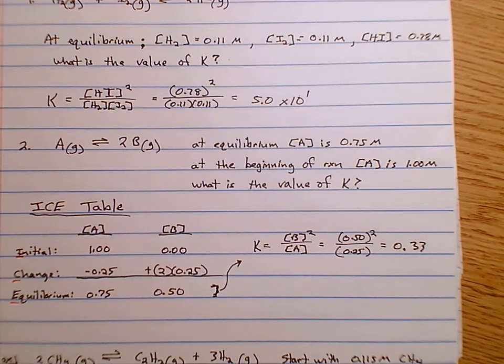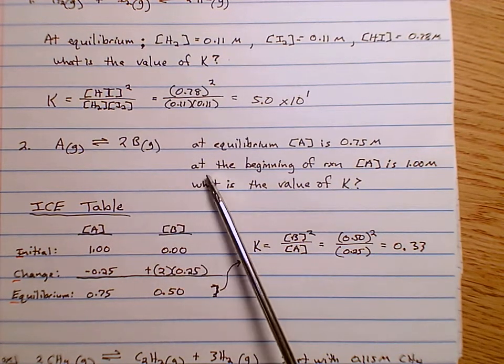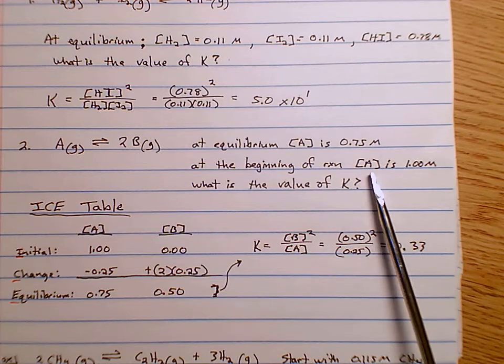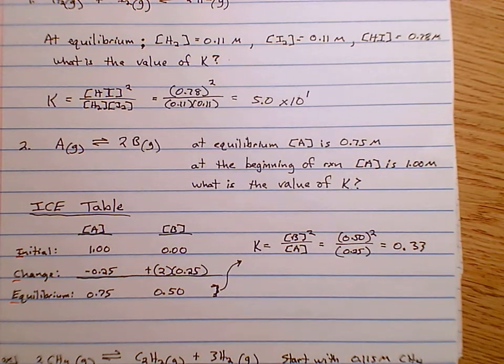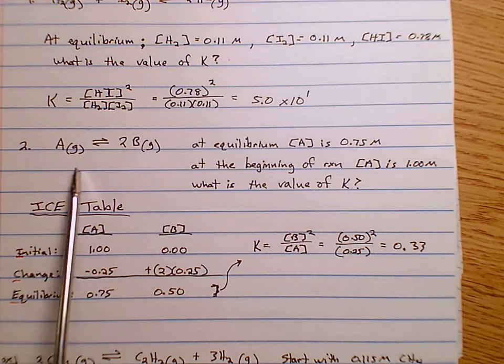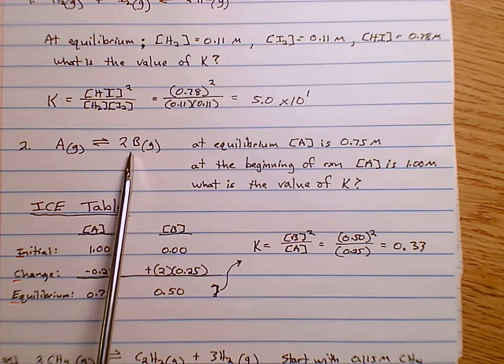But we weren't given the concentration of B. But we were told that at the beginning of the reaction, the concentration of A is 1 molar. What's the value of K? So here we have an issue, because to calculate K, we know the expression is the concentration of B squared divided by the concentration of A from the reaction, but we don't know the concentration of B.